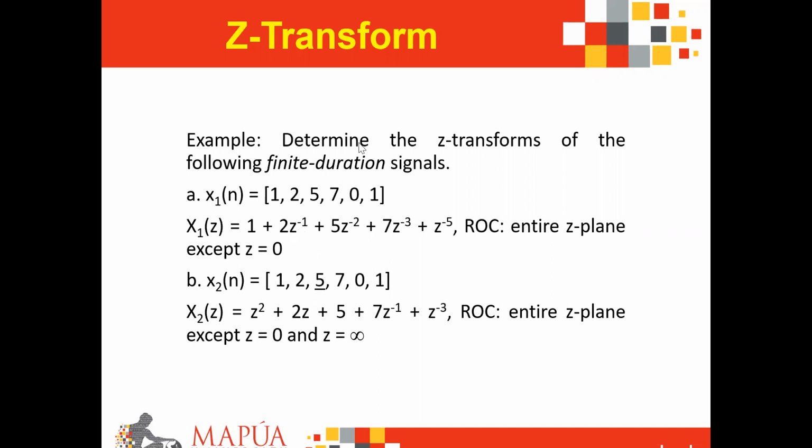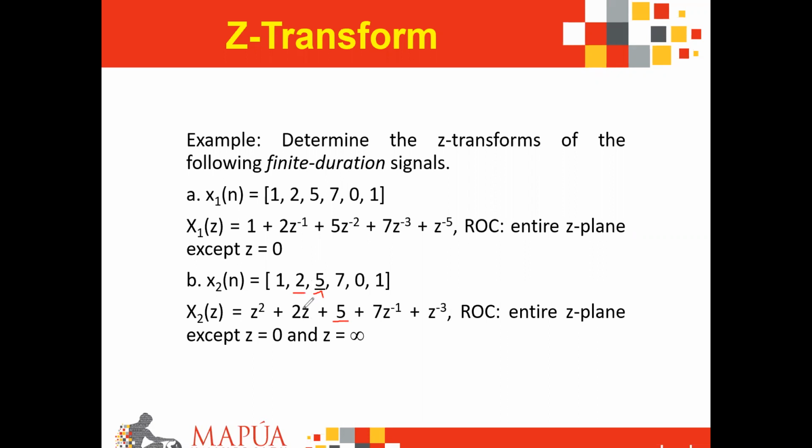Kasi lumalabas, this is at n equal to 0. So, ito siya. So, magiging 5 times z raised to 0. And z raised to 0 is simply equal to 1. Di ba? Any variable raised to 0 is simply 1. So, 5 pa rin siya. So, dito naman, magiging 2 times z raised to negative of negative 1. Kasi n here is negative 1. So, magiging positive 1.